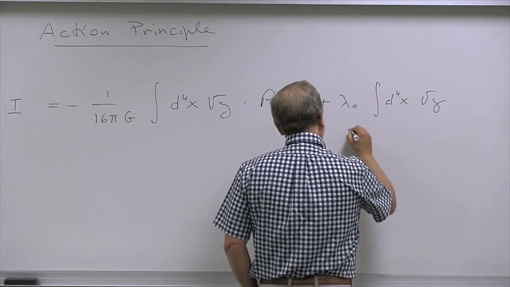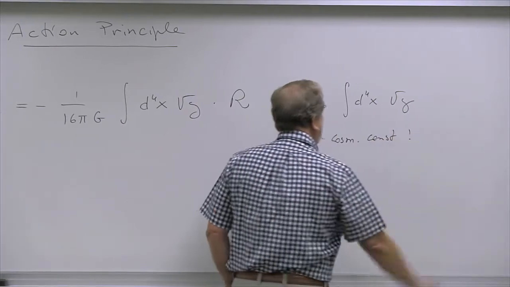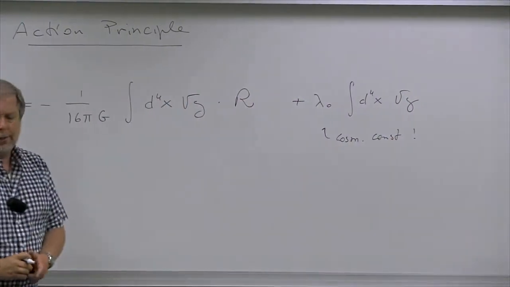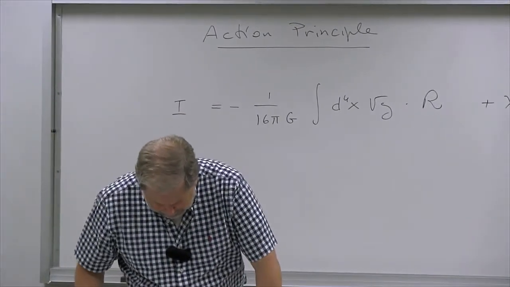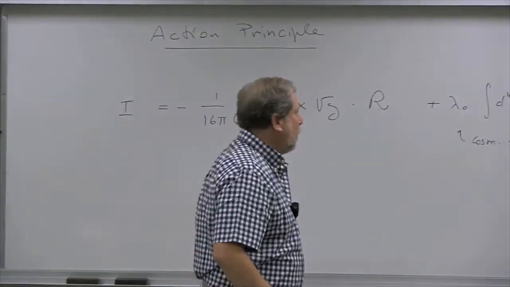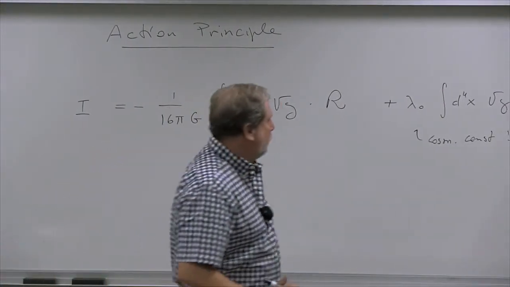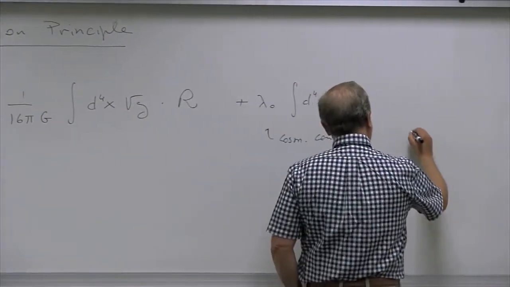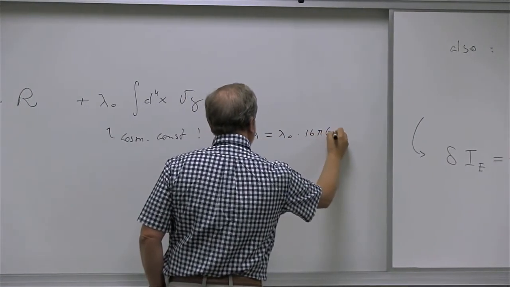And so we have, again, the cosmological constant. Right? So the cosmological constant does not disappear. So lambda is equal to lambda naught times 16 pi G. Right?